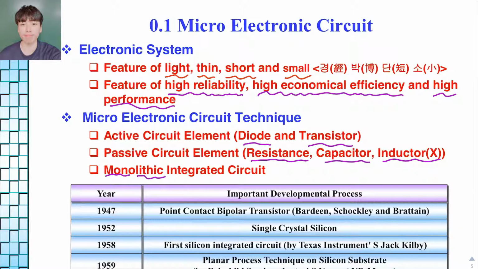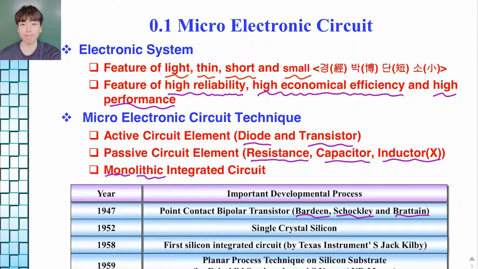And the history of an important developmental process. In 1947, the point contact bipolar transistor was developed by Bardeen, Shockley, and Brattain. In 1952, single crystal silicon was developed, and in 1958, the first silicon integrated circuit was made by Jack Kilby of Texas Instruments.